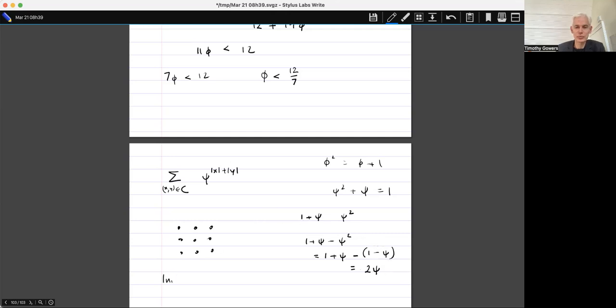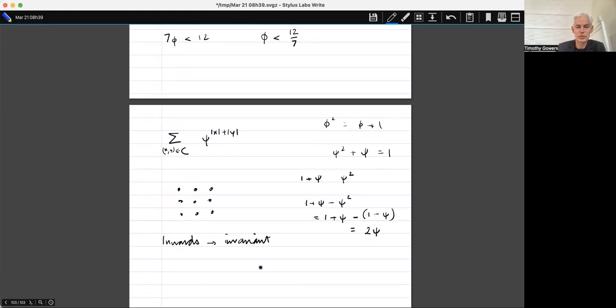So inwards, invariant; outwards, subtract 2 psi. And number of moves, 8.